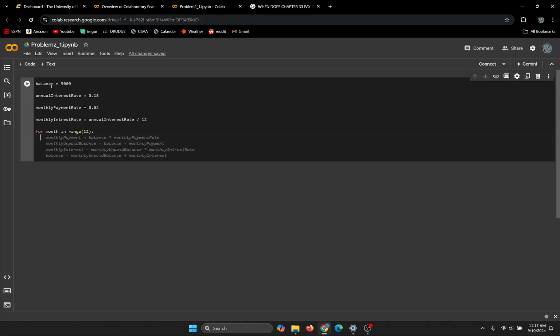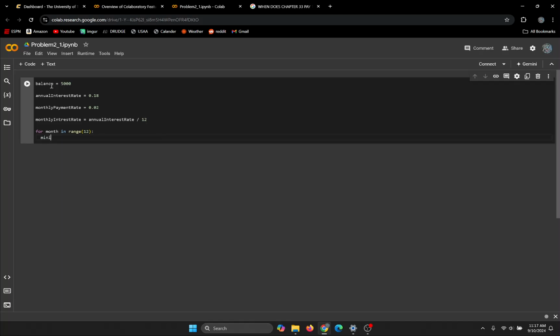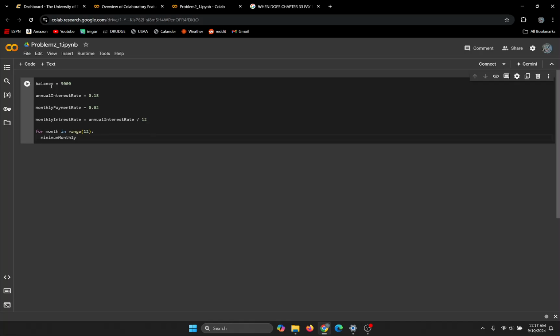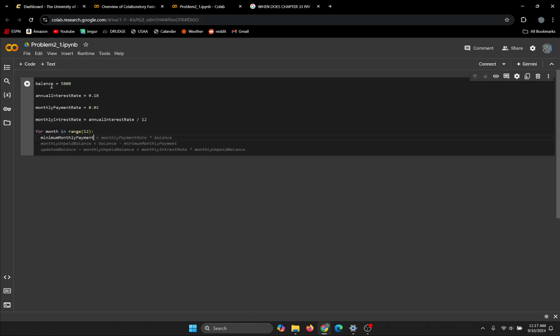So for each month, we need to set the minimum monthly payment. The minimum monthly payment is going to be the monthly payment rate times the balance, which it auto-populated, and I think that's right.